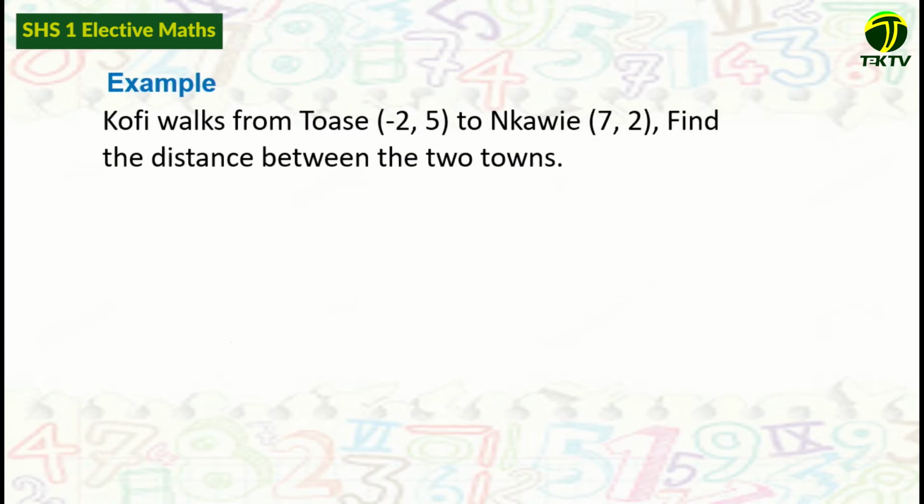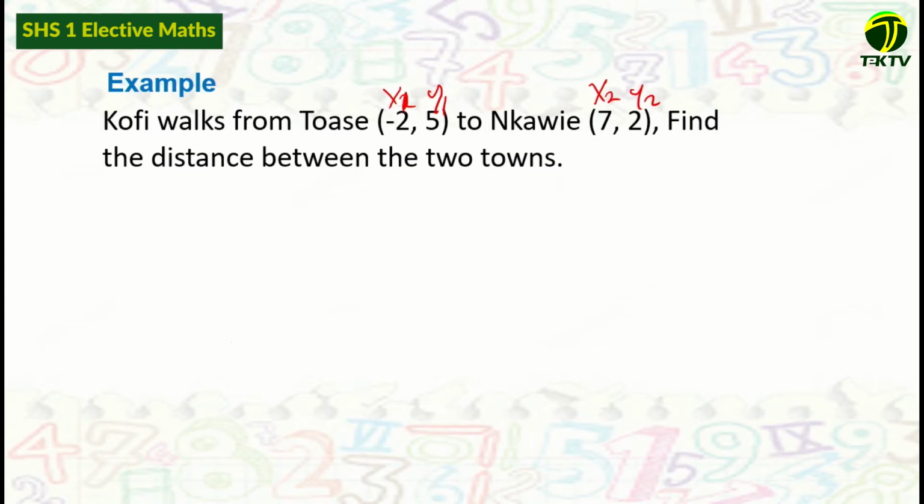Once we have our points there, the first thing we do is to label the coordinates of the points. As usual, x1, y1 for Tuanse, and then for Nkawie it will be x2, y2. What are we finding? The distance between the two towns.